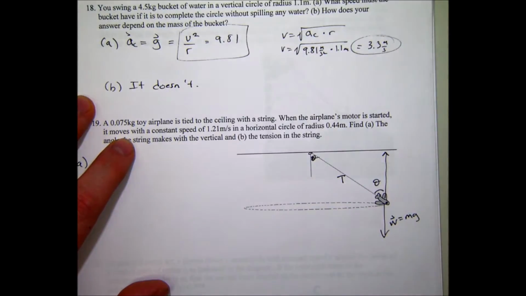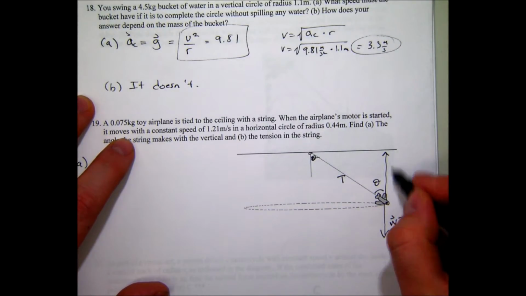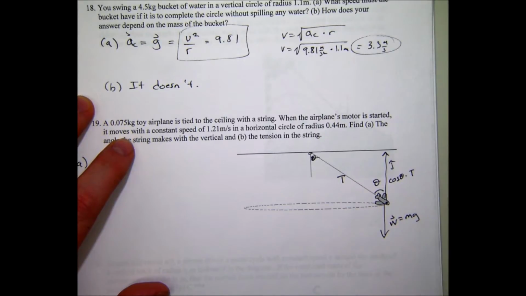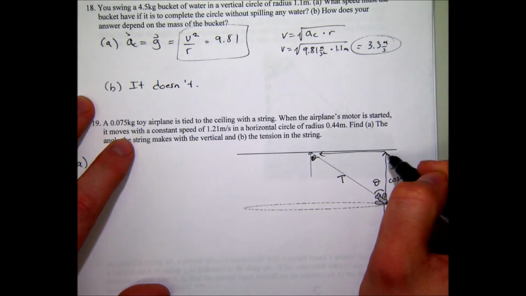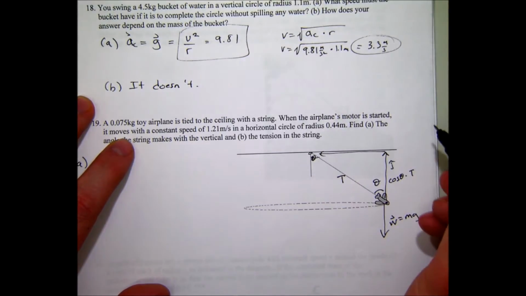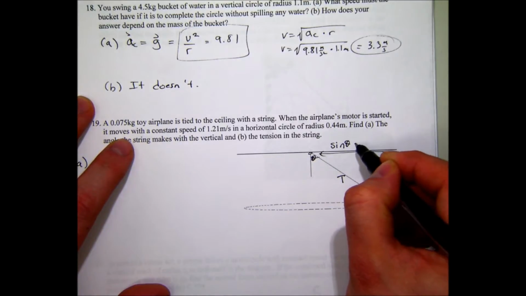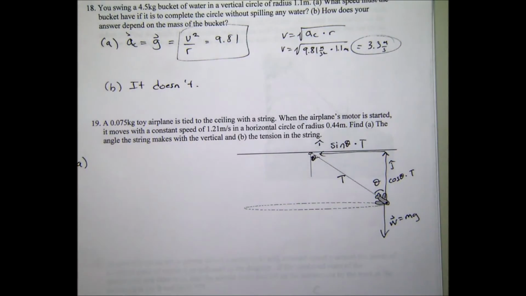We know that this line has some sort of tension on it, and this force here, the j hat force, is going to be equal to the cosine of the angle times tension. The opposite side, which is the vector pushing inward, which is the centripetal force, is going to be equal to the sine of the angle times tension, and that's my horizontal component.